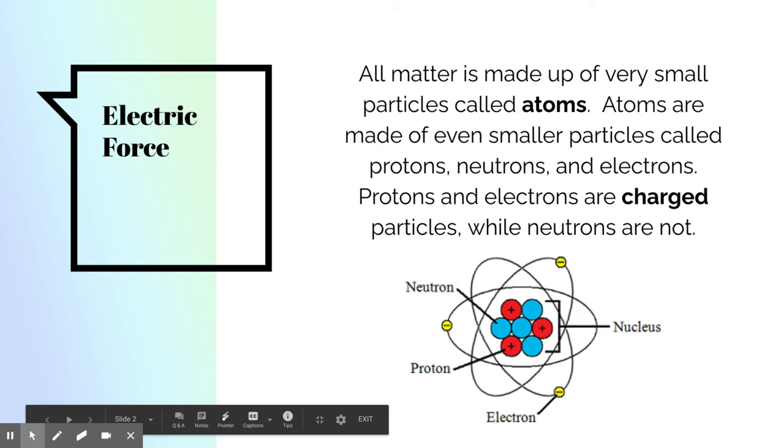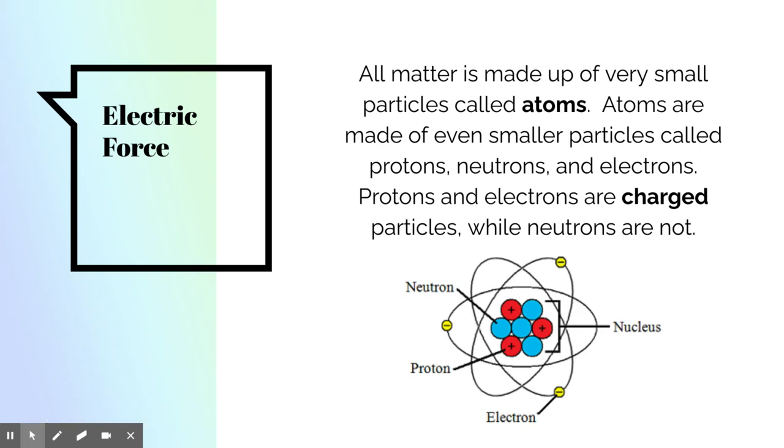So when we look at electric force, we need to know the parts of an atom because in order for an object to be electrically charged, and again, think of electricity or electric force as static electricity. We're not really going to be getting into electricity that powers our house or our electronics. We're mostly going to be talking about static electricity.